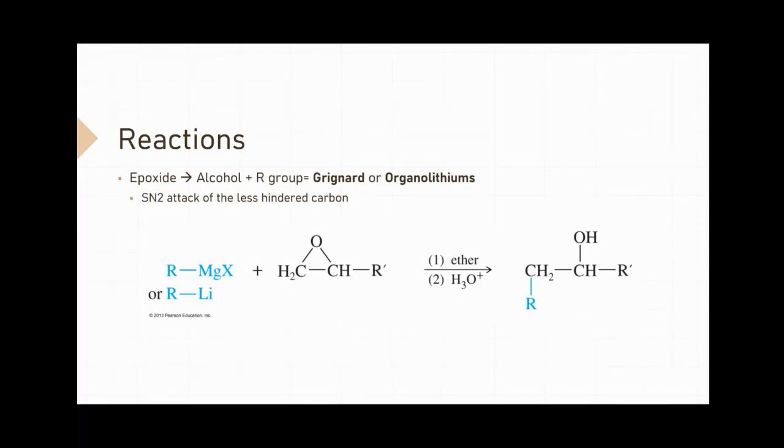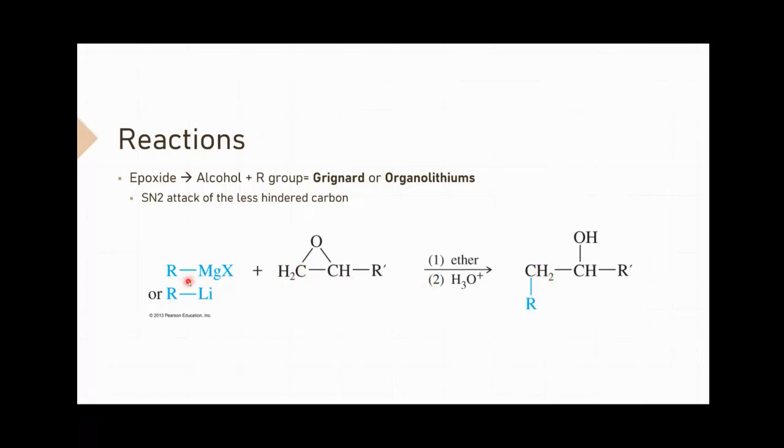Okay. You can also react epoxides with Grignards or organolithiums. So it's still going to be an SN2 attack because these are strong nucleophiles. So strong nucleophiles always attack the less hindered carbon. So it's going to attack this carbon right here.